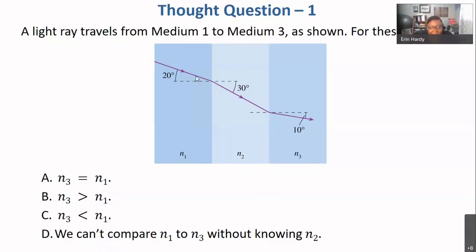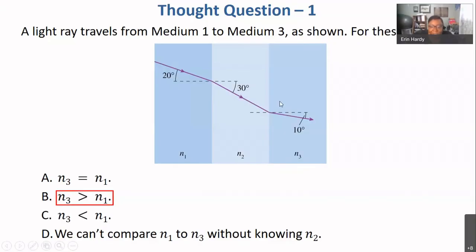So we have a 10-degree increase for the first interface, a 20-degree decrease for the second. So again, we can eliminate A because they're not the same amount of either increase or decrease. So you know that N1 and N3 are not the same. So that leaves us with B or C. Either N3 is greater than N1 or N3 is less than N1.